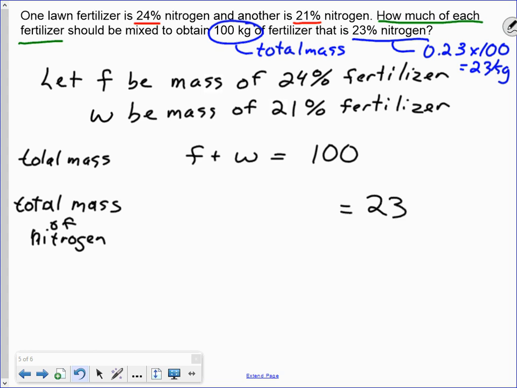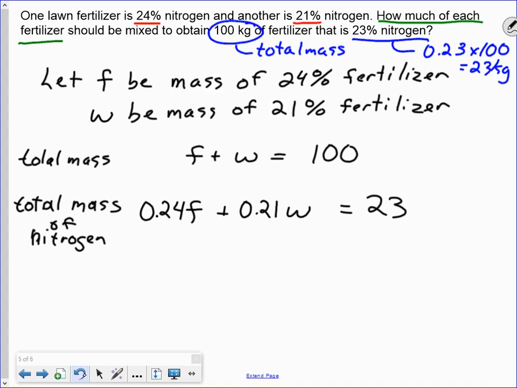Now, where does that 23 kilograms come from? Well, it comes from the nitrogen in our 24% fertilizer. The mass of that is F. How much of that is nitrogen? 0.24, 24%. And it comes from the nitrogen in the other fertilizer. The mass is W. How much of that is nitrogen? 21%, or 0.21.